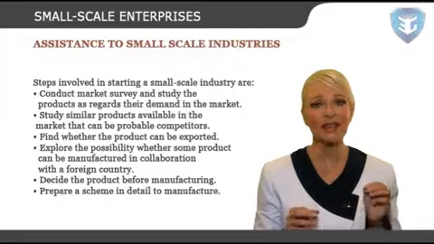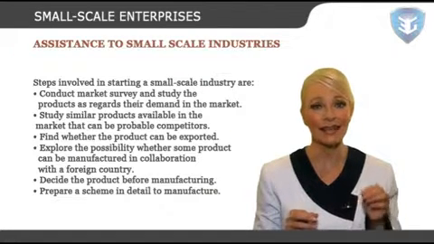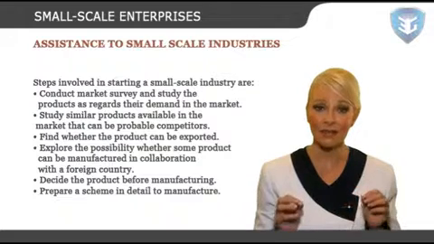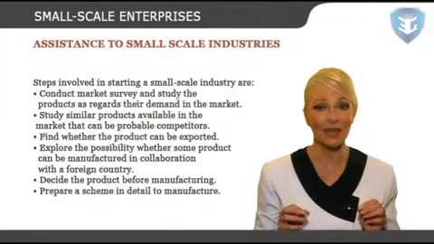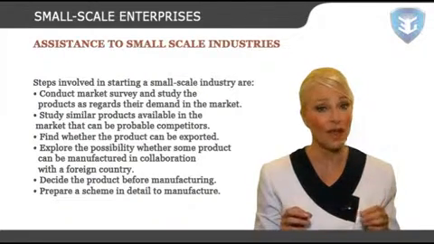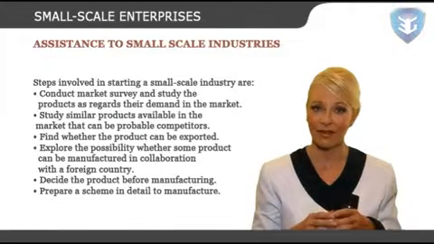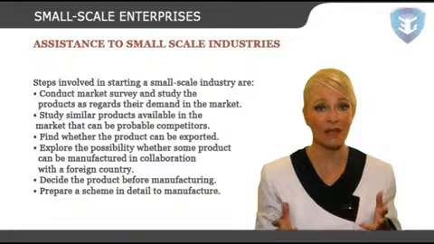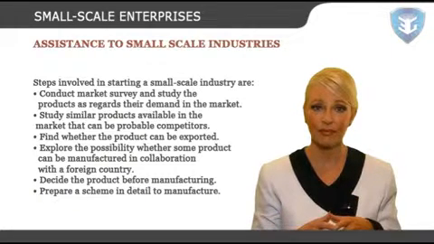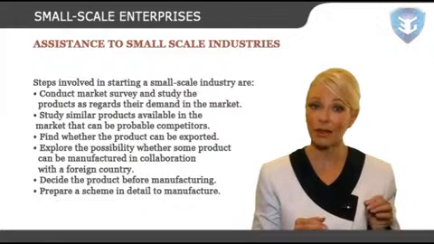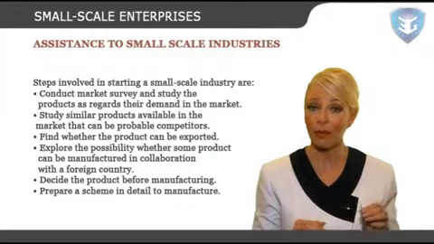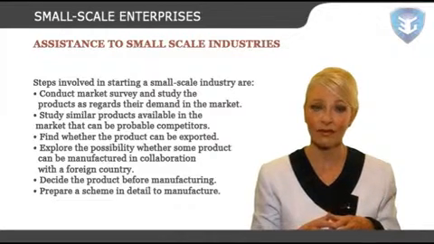The steps involved in starting a small-scale industry are: conduct a market survey and study the products as regards their demand in the market. Check whether it is a seasonal product or it has demand through the year. Study similar products available in the market that can be probable competitors.